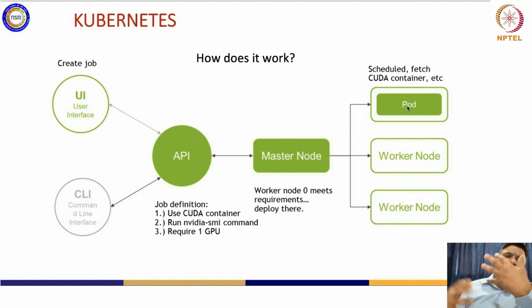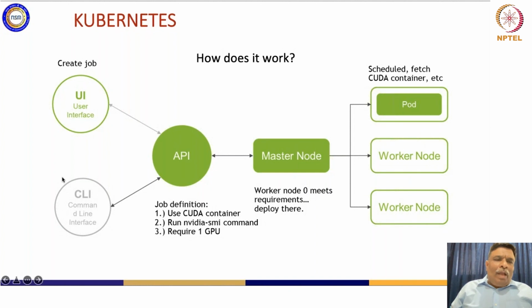In case it has a GPU, you would have to install the appropriate CUDA drivers and all that stuff. So based on whether it has a GPU or not, you will have to set up the environment for the worker node. But the effective idea is you can create a job and run it on a worker node as a pod. This is what we are going to do today.